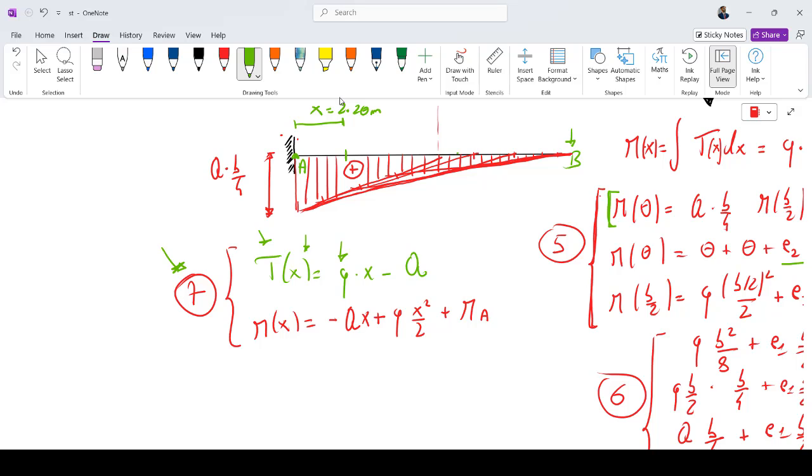So Q times x minus VA gives us the distribution of the shear force along the beam. M of x is the equation of the distribution of bending moment along the x coordinate. That is equal to minus VA times x plus the load times x squared over 2 plus MA. This is the C2 constant. And the formula expressed in equation 7 is much simpler.